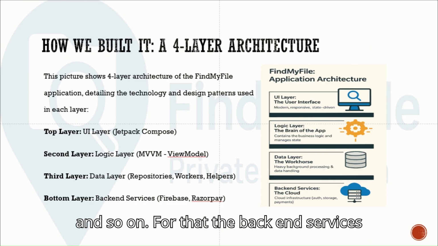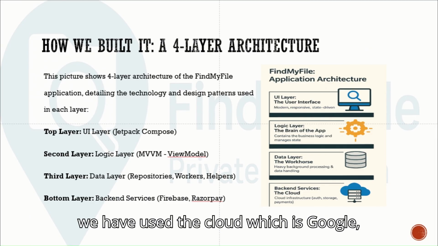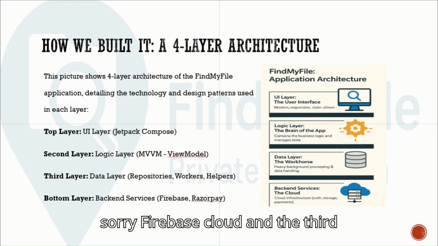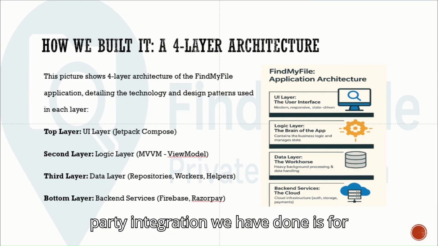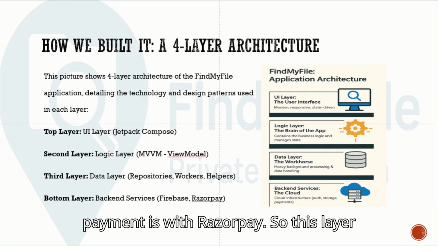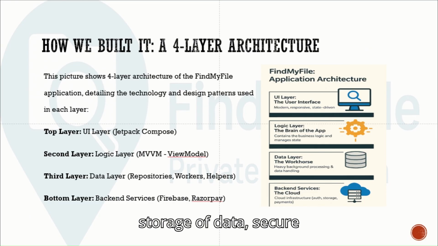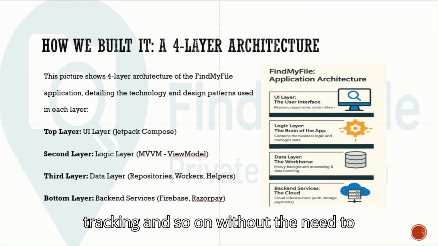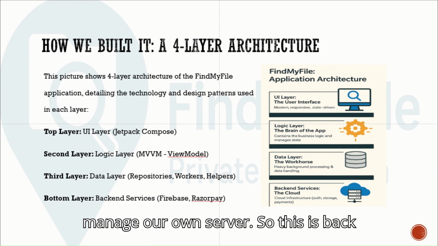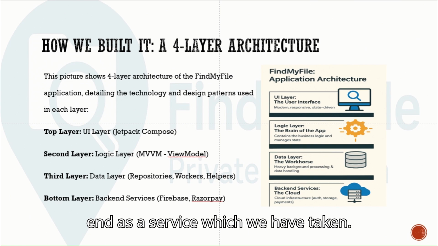For the backend services, we have used the cloud, which is Firebase cloud, and the third-party integration we have done for payment is with Razorpay. This layer provides the necessary cloud infrastructure for authentication, storage of data, secure payments, subscription tracking, and so on, without the need to manage our own server. So this is backend as a service which we have taken.